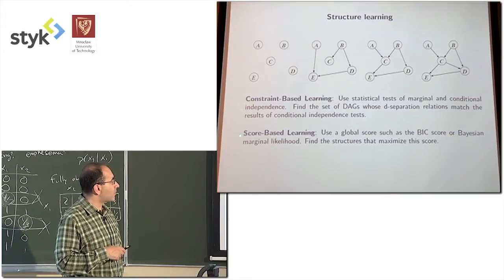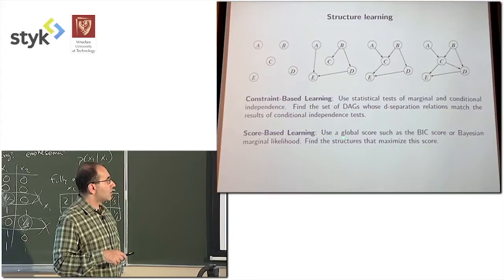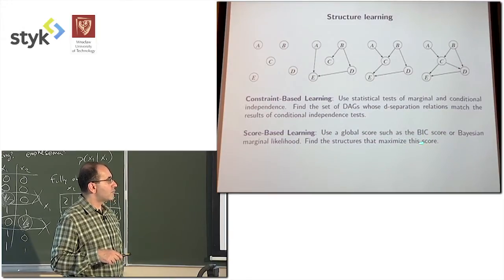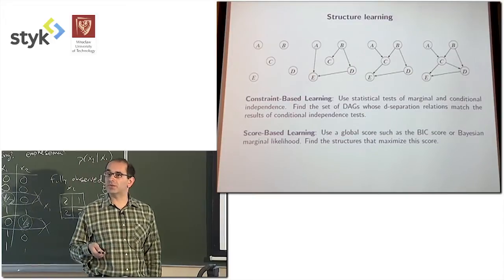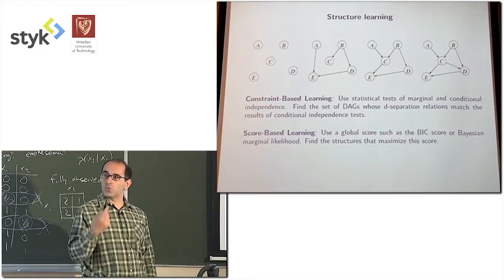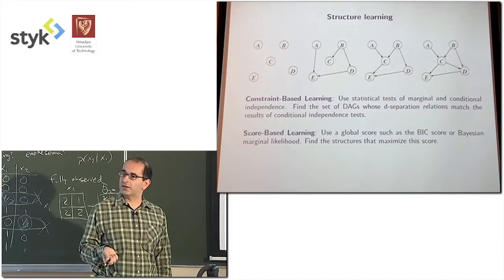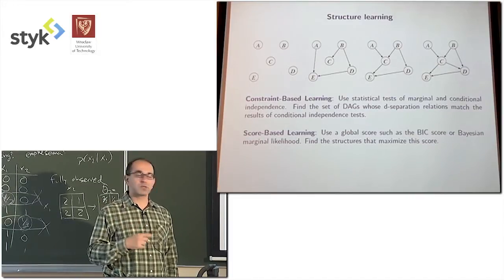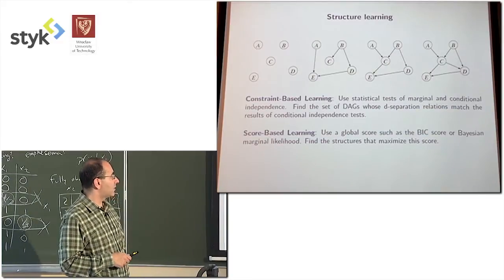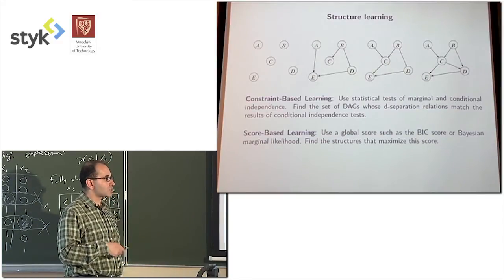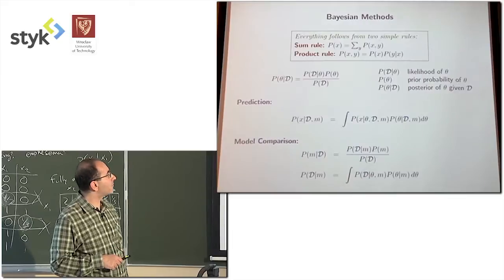And then there is score-based learning, which computes some global score for the structure. For example, BIC, which I described yesterday, is one score that you can use to learn the structure of a graph. Or the marginal likelihood is one score that you can use to learn the structure of a graph. And then you try to find the structure that maximizes the score.